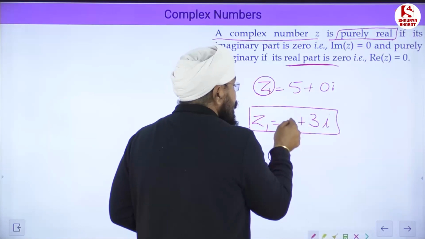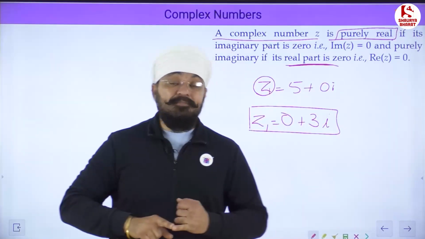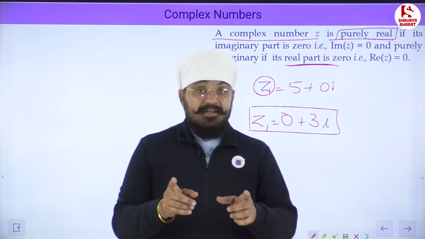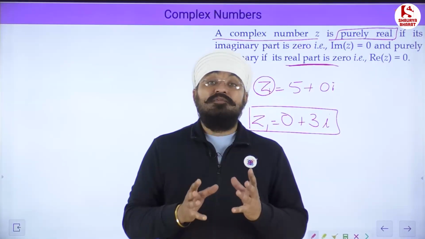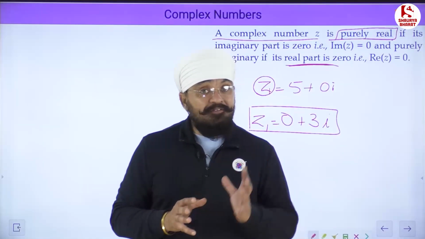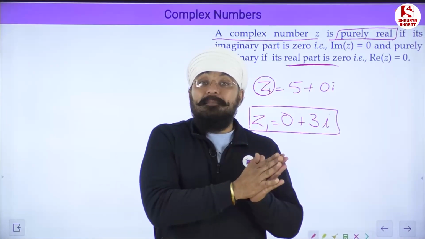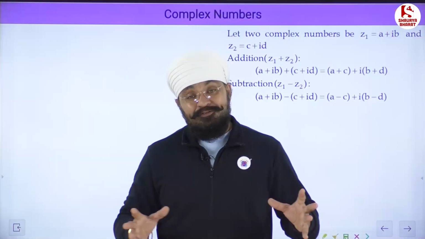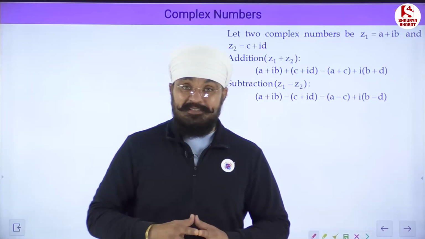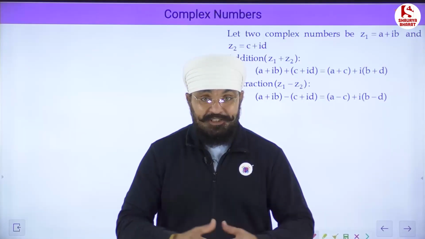Just keep this in mind: whenever a complex number is purely imaginary, we put the real part equal to 0, and whenever it is purely real, we put the imaginary part equal to 0. Now, after understanding the basics of complex numbers, which is how a complex number is written, nothing but the Cartesian form.